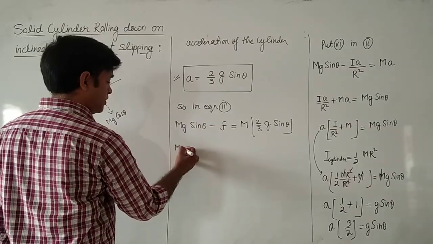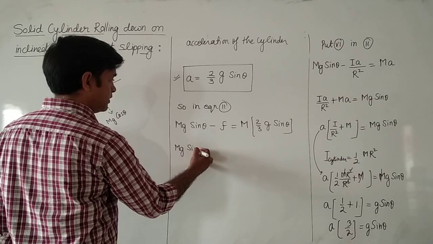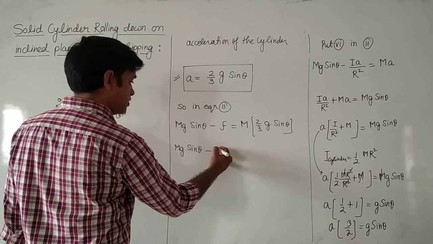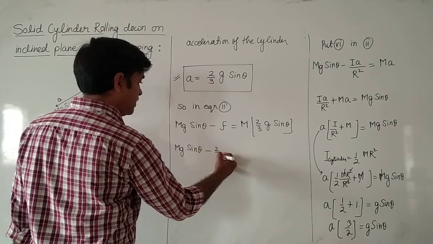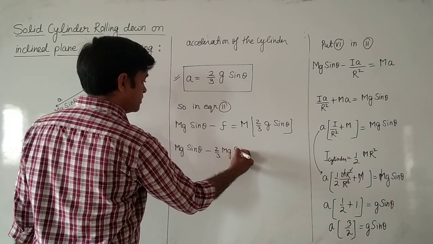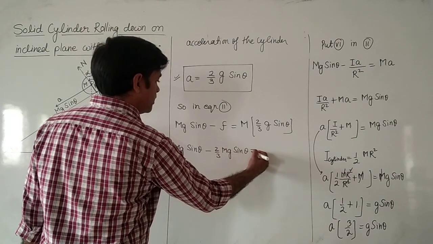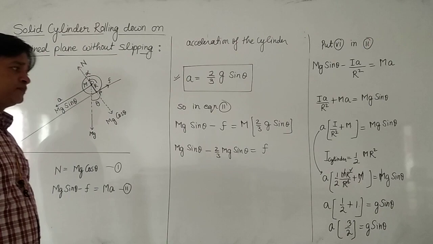So mg sin theta minus 2 by 3 mg sin theta equals the friction force.